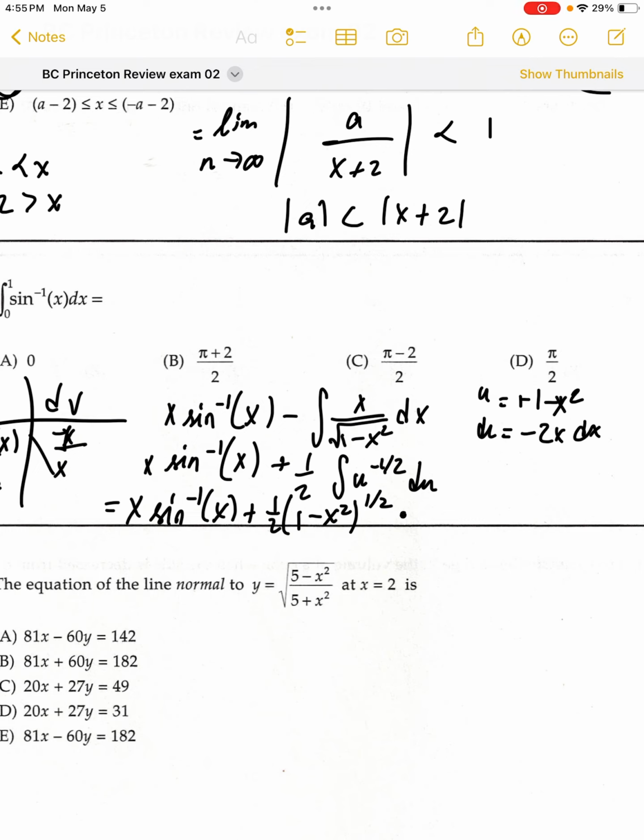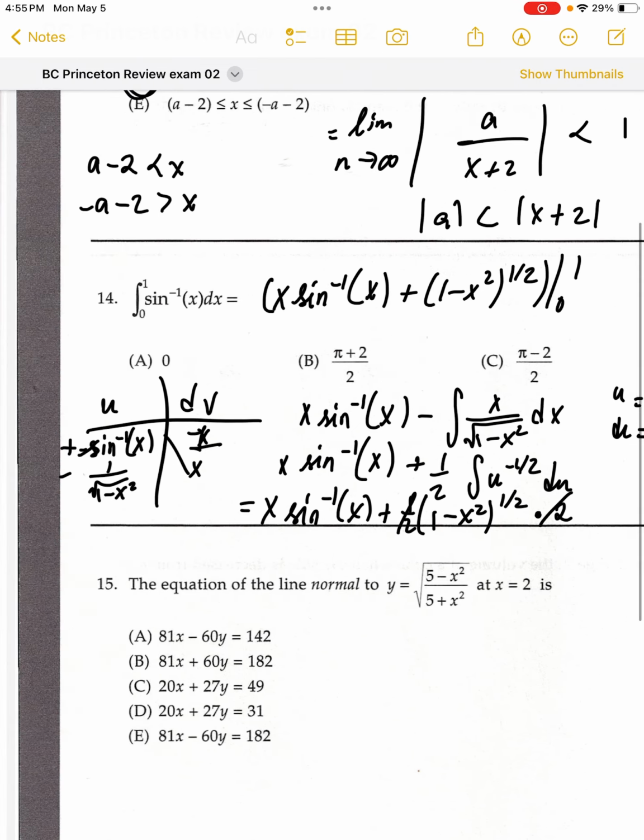Times 2, right? So this will cancel. So in reality, we're differentiating. Our antiderivative is this. This is our antiderivative, and we're going to go between 0 and 1.